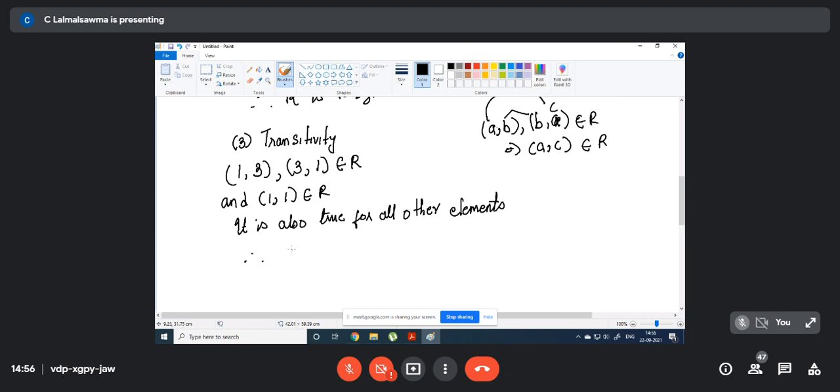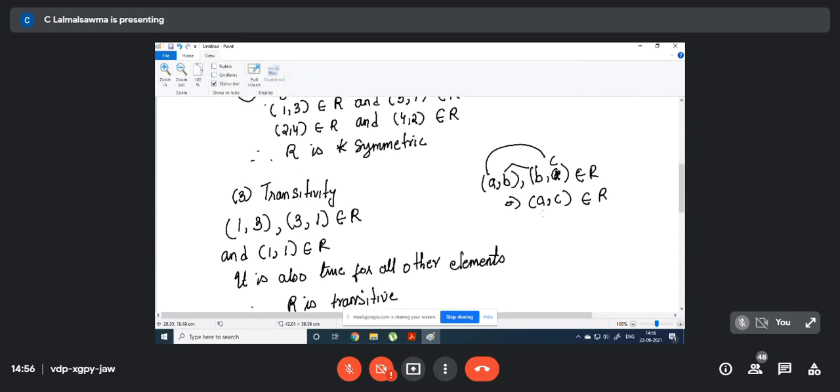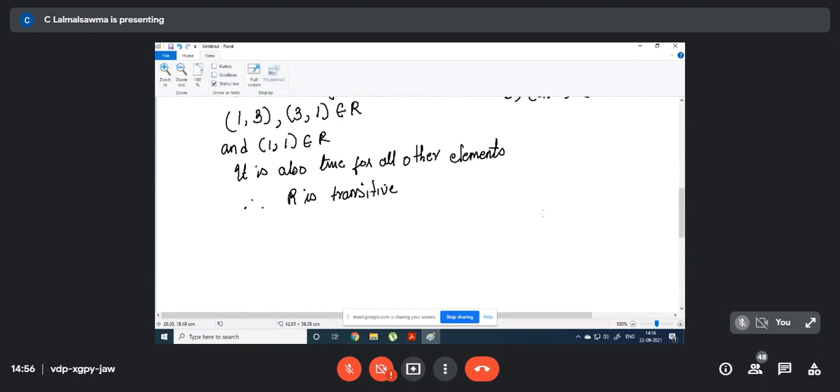Therefore, R is transitive. So let's go to the main question. Is R an equivalence relation? Can you tell me, is R an equivalence relation or not?